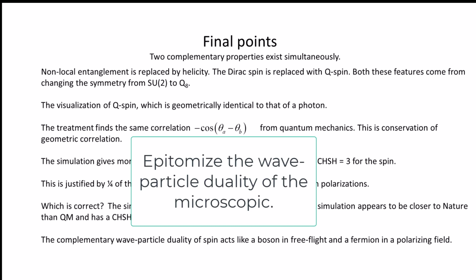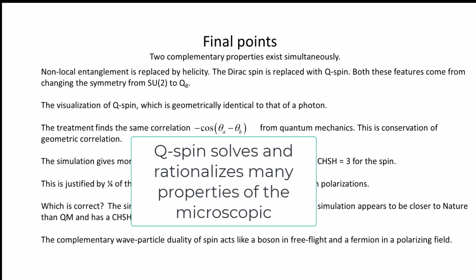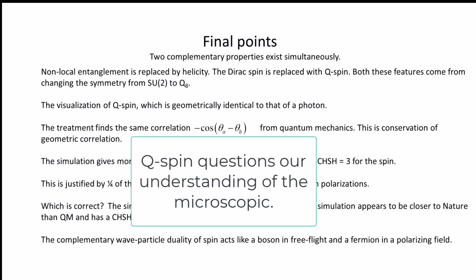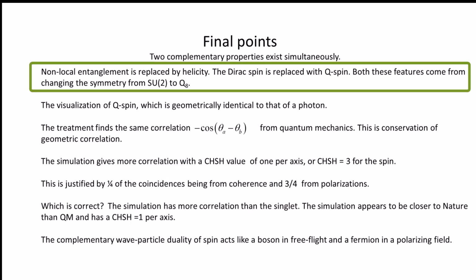One reason for this optimism is that once I had the ideas, everything worked out and dropped out of the equations. All the loose ends that I knew of fit in, and I suspect others will find new insight using Q-spin. In short, it questions the foundations of our understanding of the microscopic. This can be summarized by saying that non-local entanglement is replaced by helicity, and the Dirac spin is replaced with Q-spin.